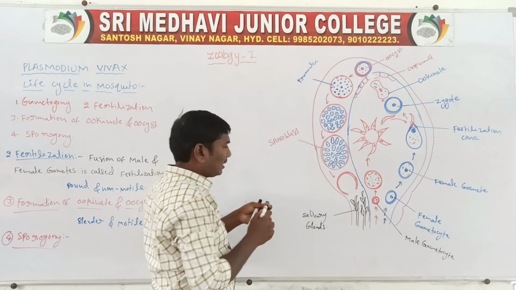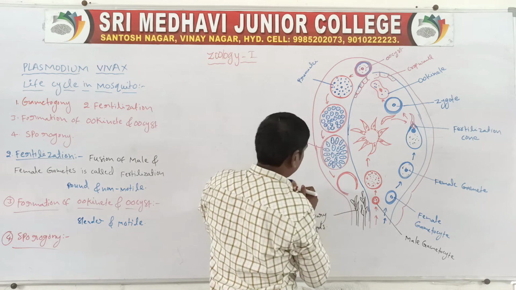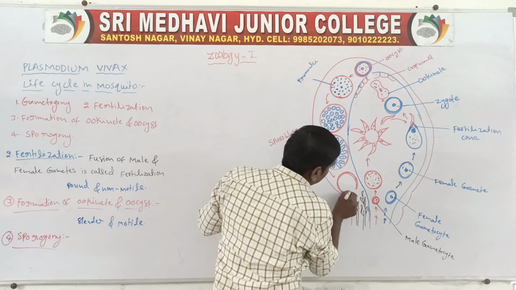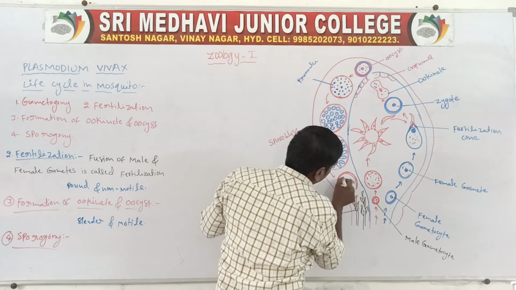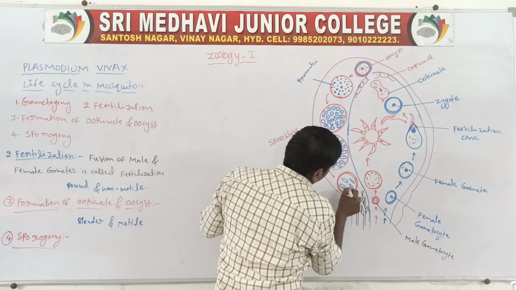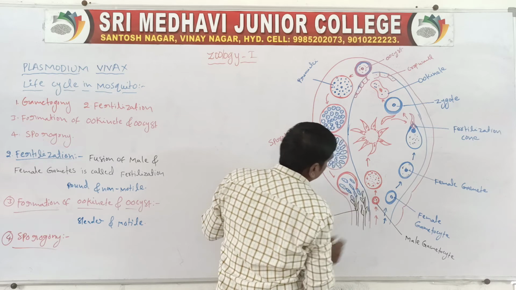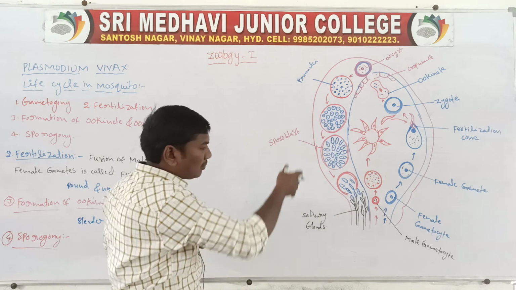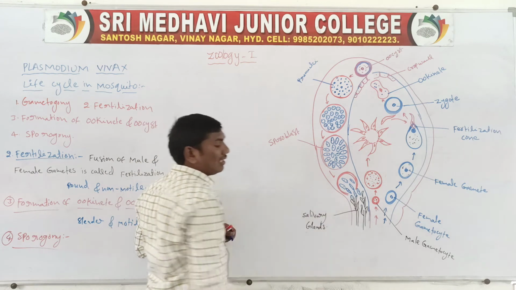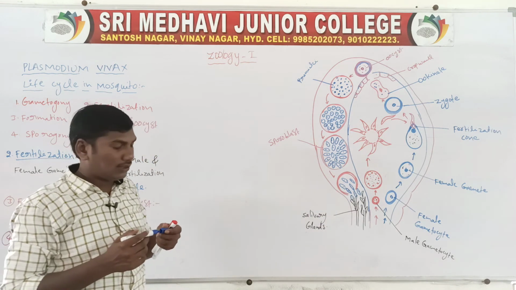So these sporozoites are released to the salivary glands of the mosquito.